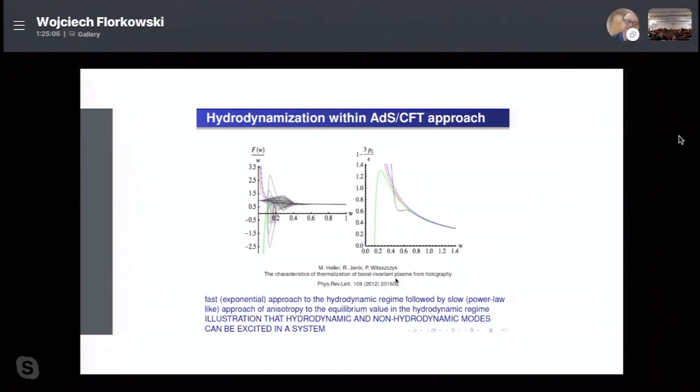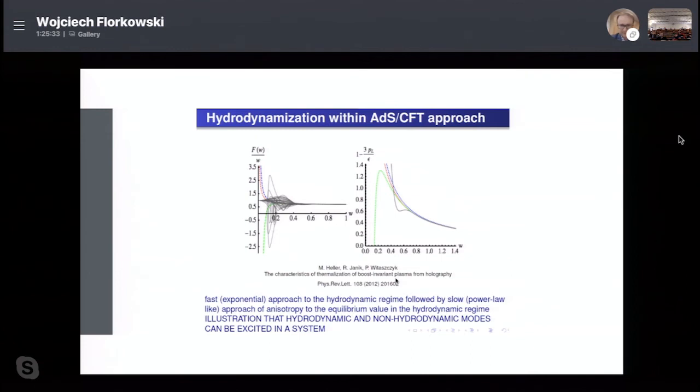Then the description of the data is better, especially v2, the flow coefficient, can be described better. So there is a place for viscosity, although the viscosity is around 2 over 4 pi, so it's very close to this AdS/CFT result.